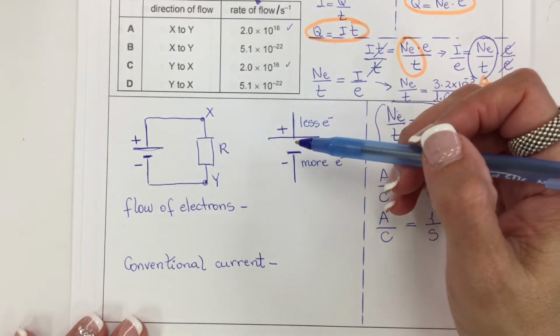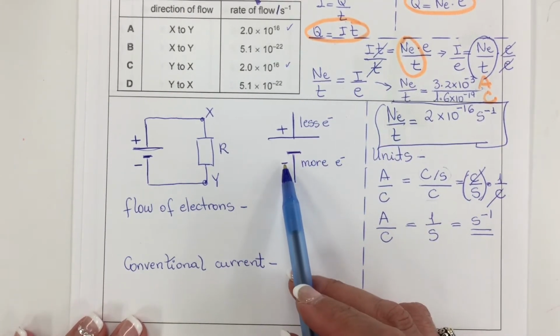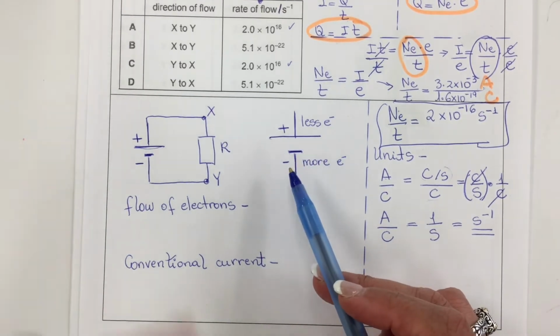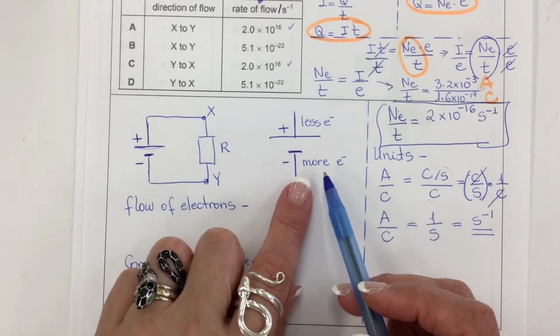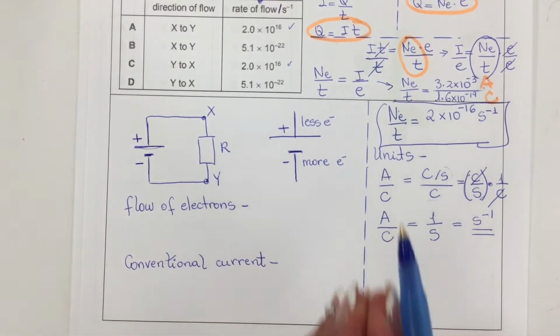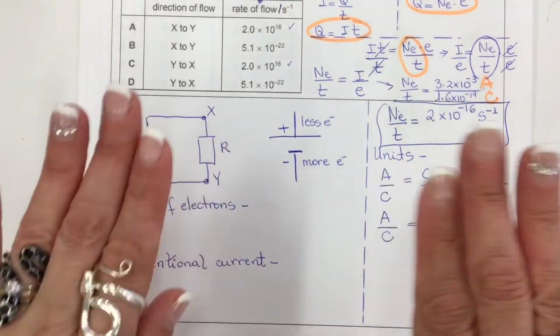This indicates that the shorter line represents the negative terminal, the side of the battery with more electrons. A battery is made of a chemical composition in layers.